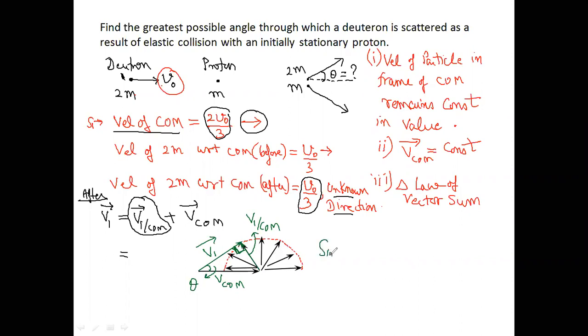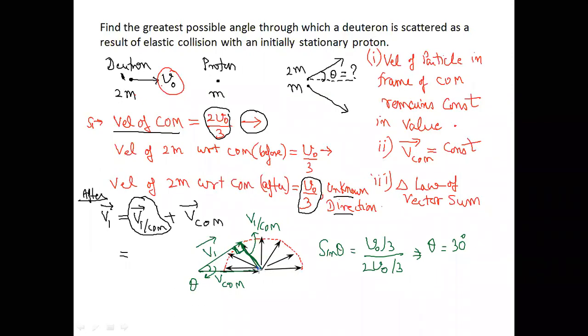From this triangle, sine theta equals v1 with respect to center of mass, which has a magnitude v0 by 3, divided by v center of mass, which has a magnitude of 2 v0 by 3, and it gives theta equals 30 degrees. Why is this the maximum angle? Let us choose any other vector.